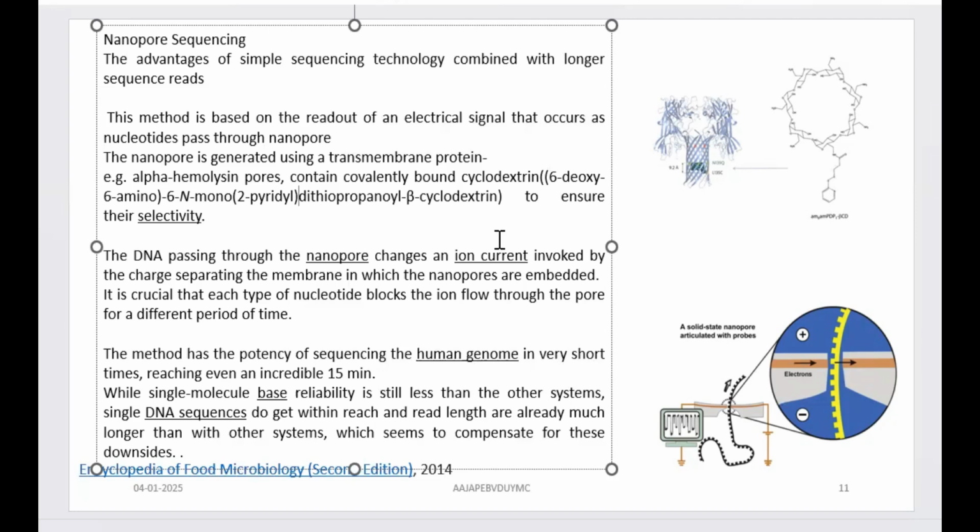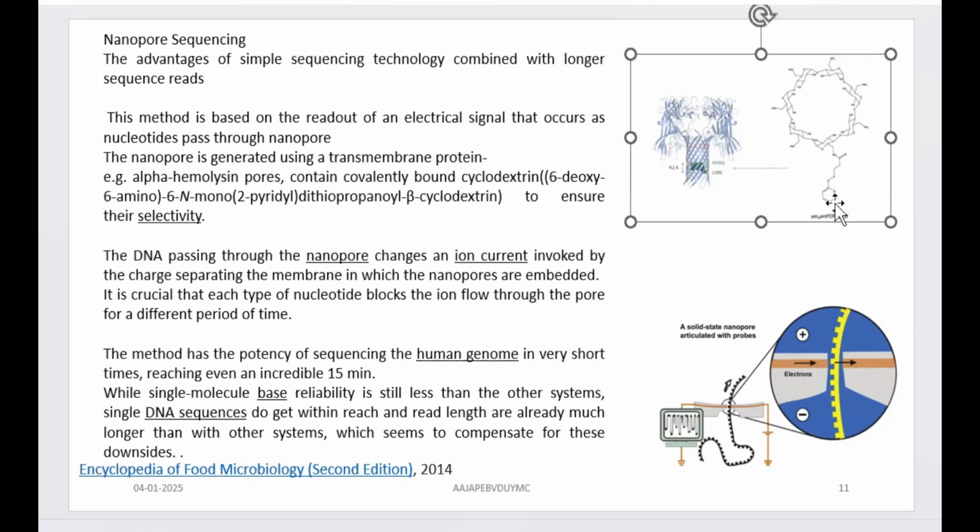So this is the chemical nature of it. It is symbolized also here. You can see the symbol for the molecule, and it is going to get arranged in such a fashion that the inner core is going to act as a pore. See, this is the schematic representation for the protein, right?